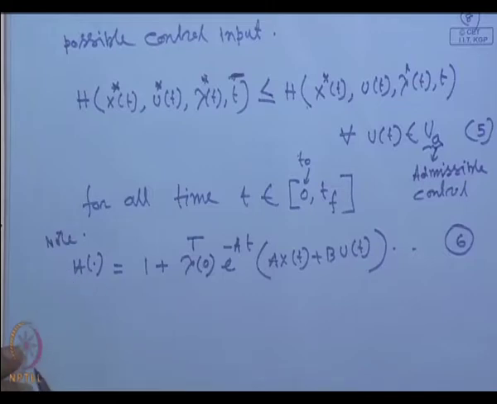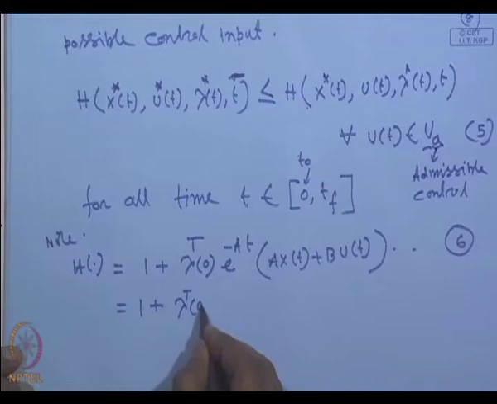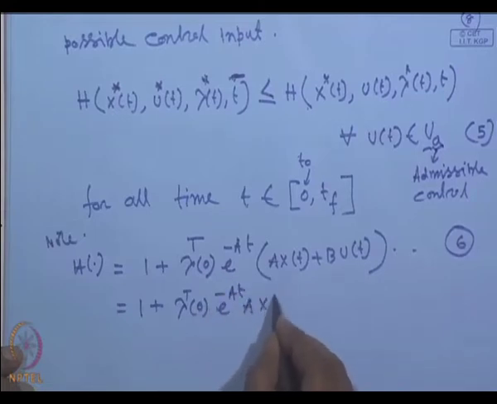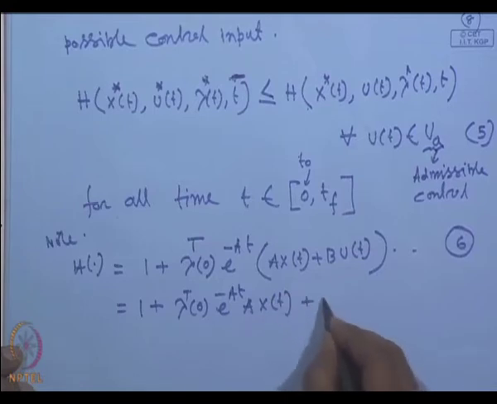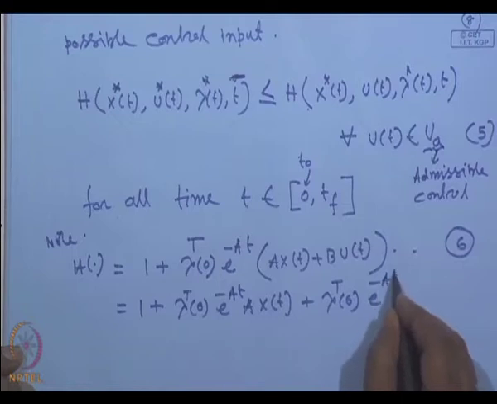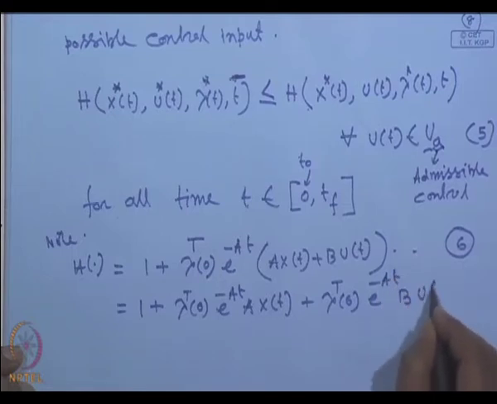I am now writing this in two parts: lambda transpose of 0 e to the power of minus A t A x of t plus lambda transpose of 0 e to the power of minus A t B u of t.